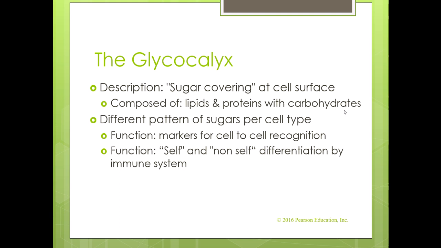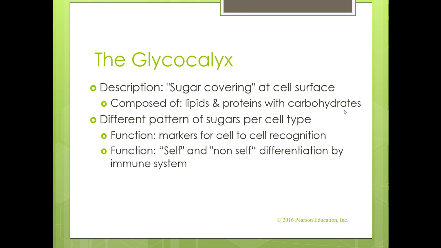So you can think of the glycocalyx as this very specific pattern of glycolipids and glycoproteins. And each different type of cell has a different pattern. So the glycocalyx pattern for a lipid cell, a fat cell, would be different than the sugar pattern for, say, a nerve cell.